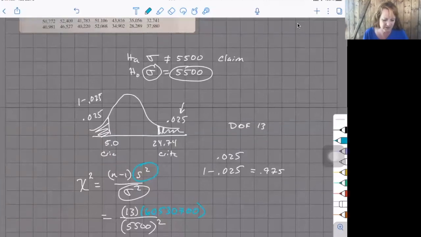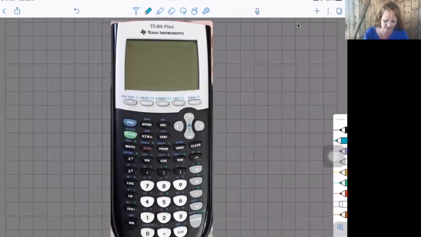For my TI people, you're doing stat, you're doing edit, and you're entering your numbers into list 1. Then you're going to go under stat and you're going to go calculate, and it's 1-Var Stats. And what you're looking for is Sx on your calculator.